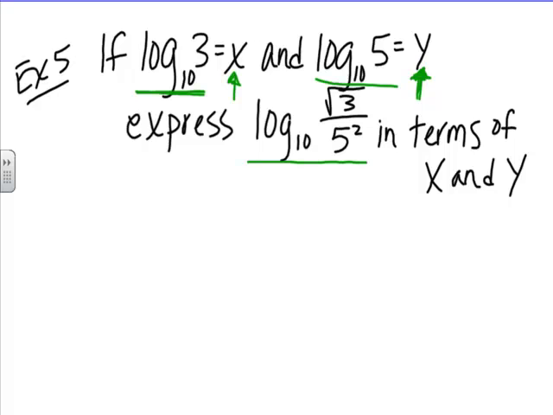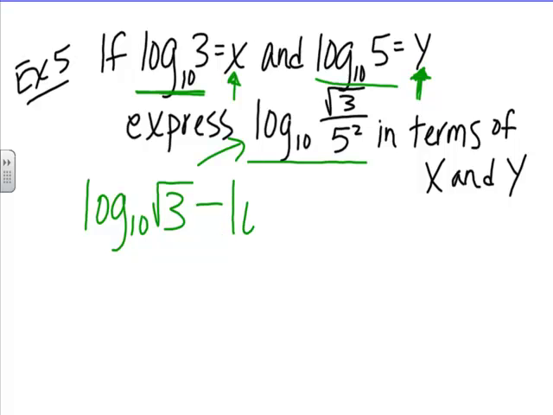So I would suggest, when you look at this and you see a quotient, that a starting point might be to say, well, the log of the quotient is the same as the log of the numerator minus the log of the denominator. But at this point, I don't have anything that matches what I've been given up here, so I need to do a little more work with this.